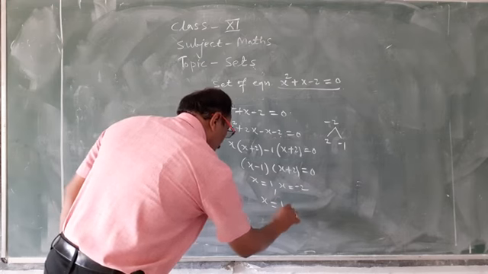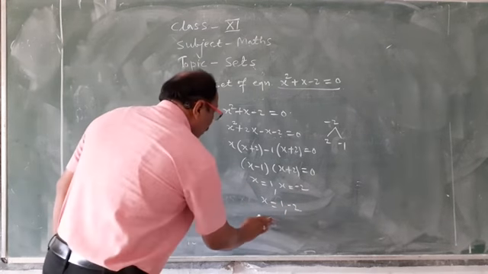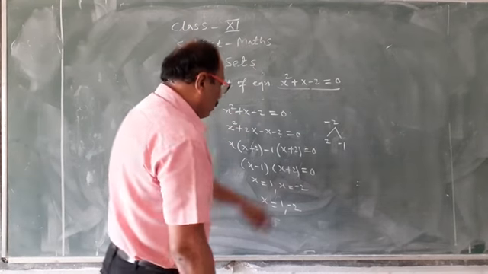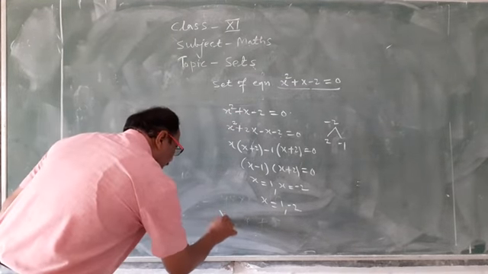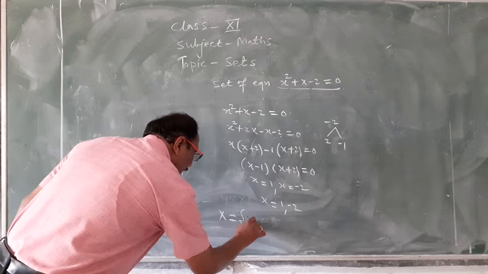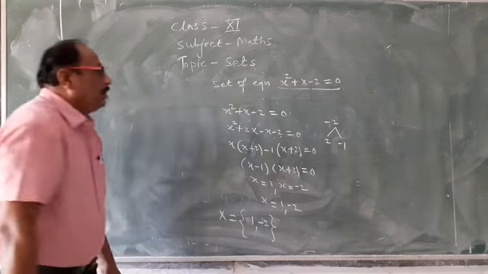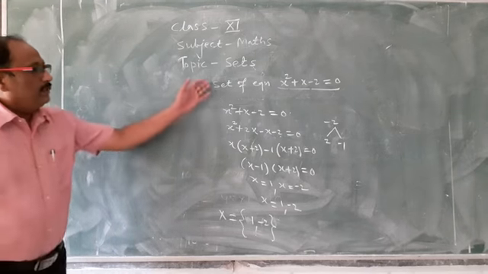So the set of the equation x square plus x minus 2 is equal to 0 is 1 and minus 2. This is the example of a set.